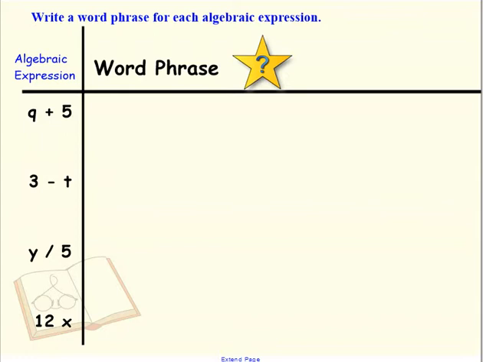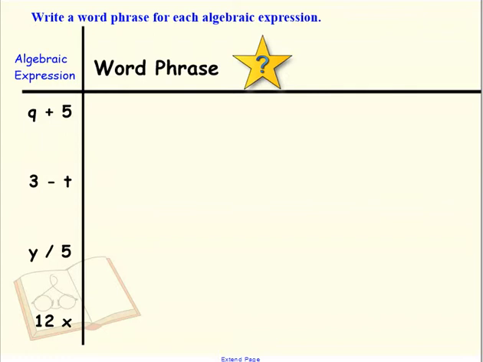So this time I'm going to give you the mathematical sentence, and you're going to write the word form. Now, there are probably 100 different ways that you can write the word form for these, because in a couple slides ago when we talked about all the different ways that you can say addition and subtraction, multiplication, division, you can use all of those different ways.